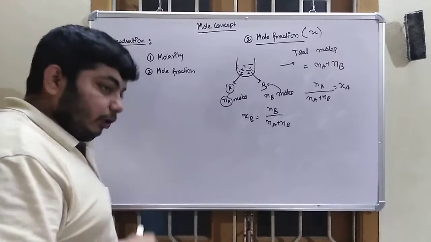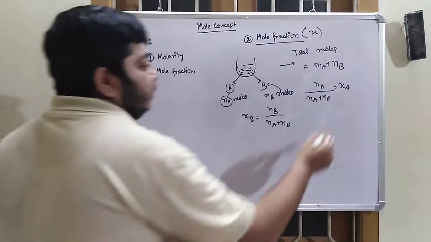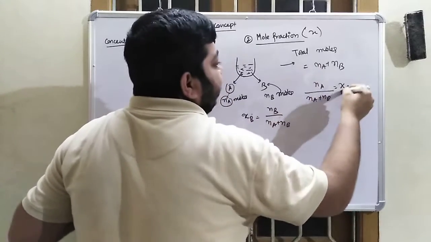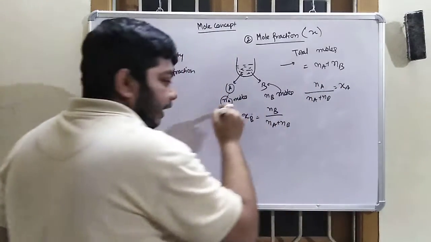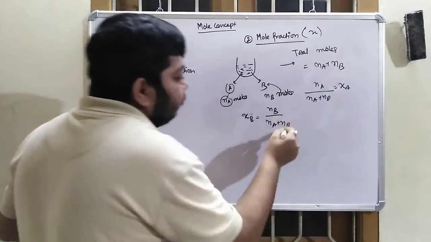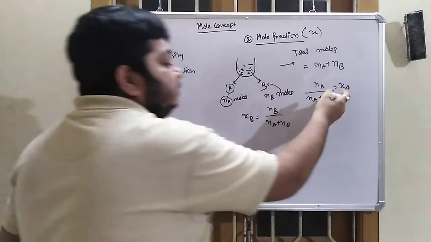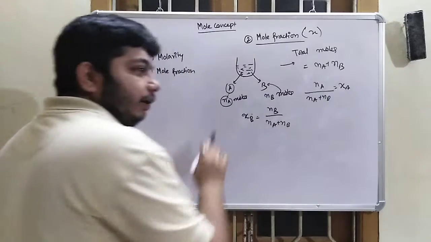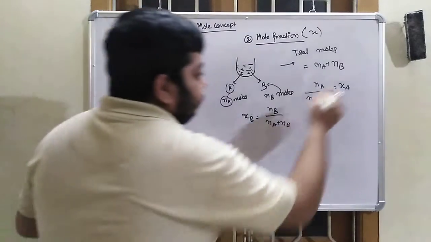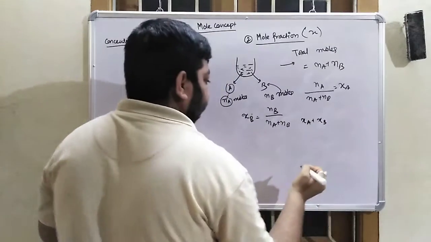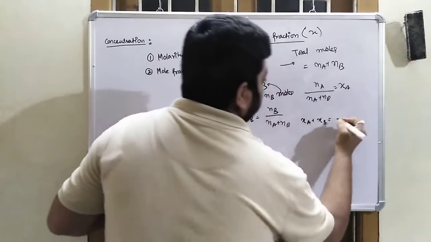Now you see, what do we mean by mole fraction? Out of total number of moles, how many moles are there of A, or out of total number of moles, how many moles are there of B? This is the mole fraction of B, and the earlier one was the mole fraction of A. Now you see one thing. If we add both of them, XA plus XB, then what will we get?